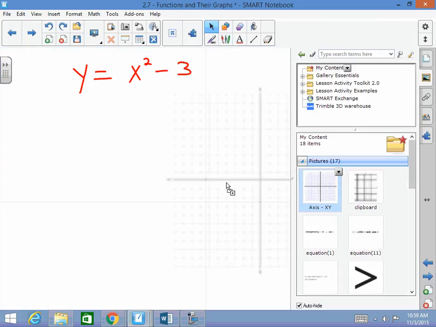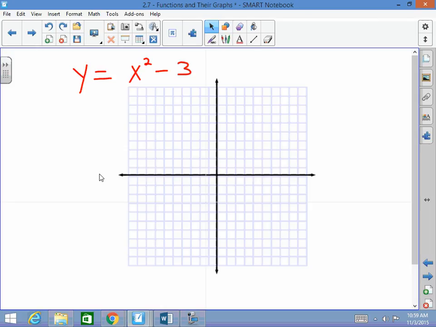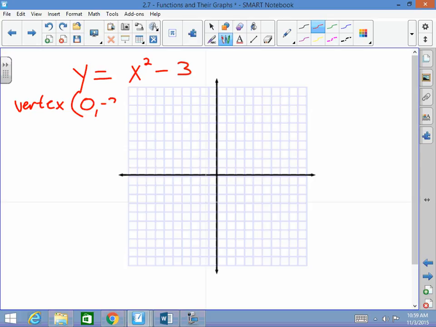In this particular case, gentlemen, what's my vertex? 0, negative 3. So I graph it, 0, negative 3. In this particular case, what's my y-intercept? 0, negative 3. Uh-oh. We have the same exact point for the vertex and the y-intercept.